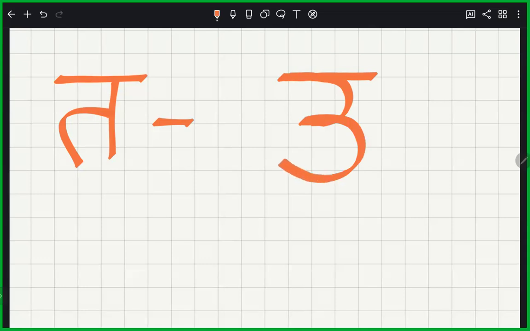This is tha. You just have to draw a horizontal Shirorekha line on the top. And from there, you draw this 3 looking figure. This is tha. Just keep this stroke a little flat. Don't tend to make it go upwards. Keep it flat here like this. This is tha.